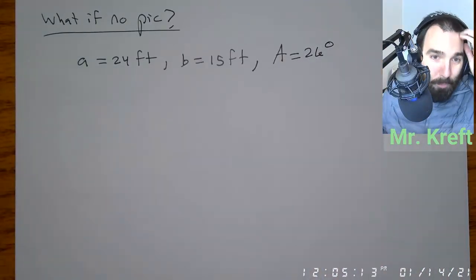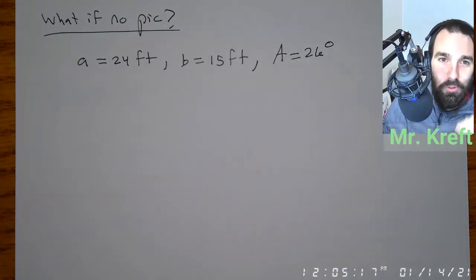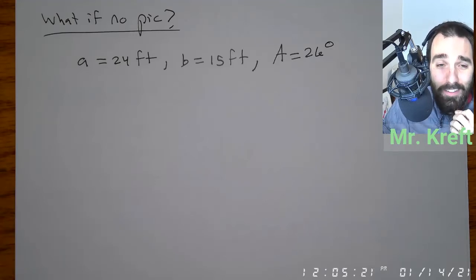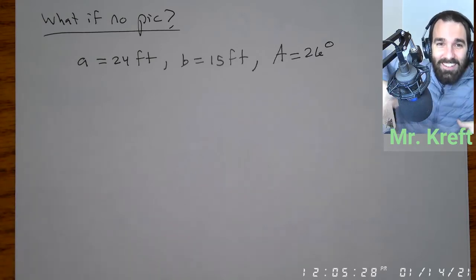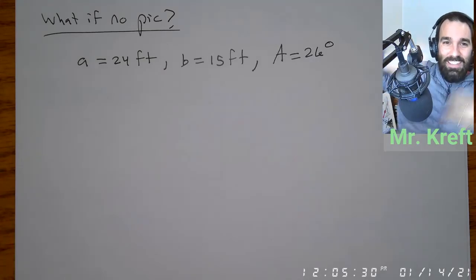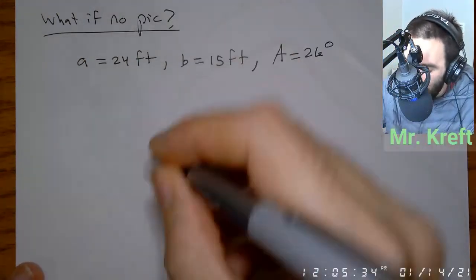So, you guys tell me, what do you do if there's no picture? Do you freak out, melt down, and say, well, I guess I'm playing Fortnite? Wendy knows what's up. She's like, Fortnite. I don't know what the Fortnite dances look like, but I imagine it's something like this. Okay, draw a picture. Thank you. So draw a picture.